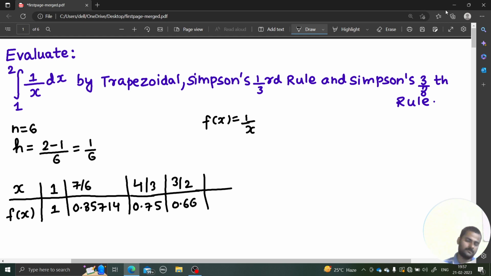Next, this was 9 by 6. I think next one will be 10 by 6. So 6 by 10 is nothing but 0.6. Next will be 11 by 6, so 6 by 11, which is 0.54545.